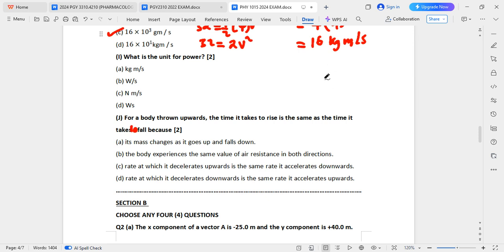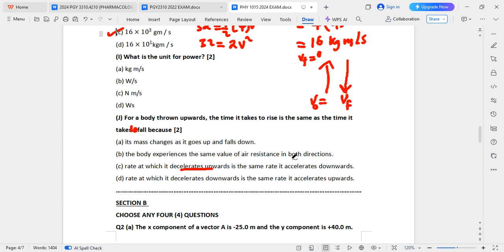Now, when you throw a ball upwards, initially it has got a velocity, but by the time it reaches the maximum point, the final velocity is going to be zero. So as it goes up, it decelerates. And when the ball is coming from the top, it is starting with a velocity of zero, but it is going to hit the ground with a maximum velocity.